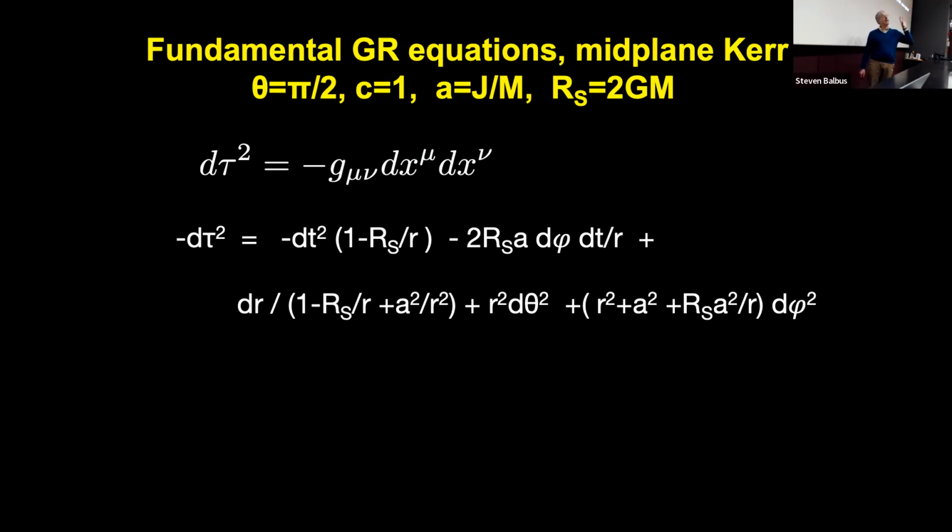A has units of length. And it will turn out that A can vary between one gravitational radius, go to 0, to -1 gravitational radius. It's like the lever arm when you compute angular momentum: mass times the speed of light times A.